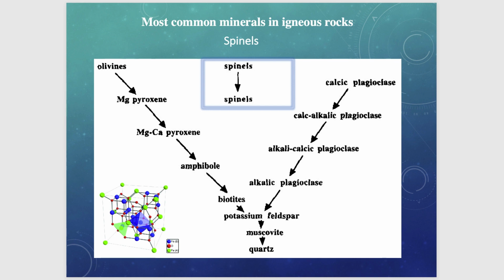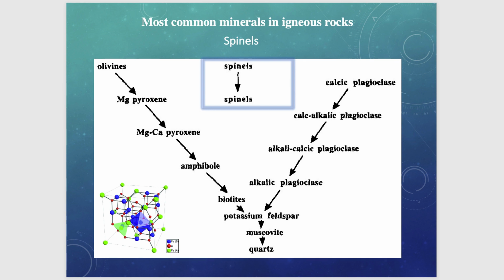This means that they are quite rare and occur essentially in small percentages if you consider the whole package of minerals. The spinels will often be associated, for example, with olivines and calcic plagioclase, and so they will occur in igneous rocks of mafic composition, from basalts to ultramafic rocks, basically.